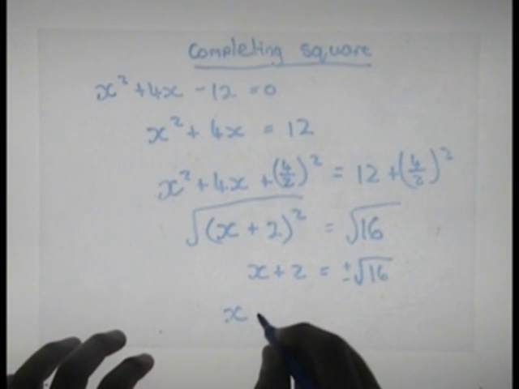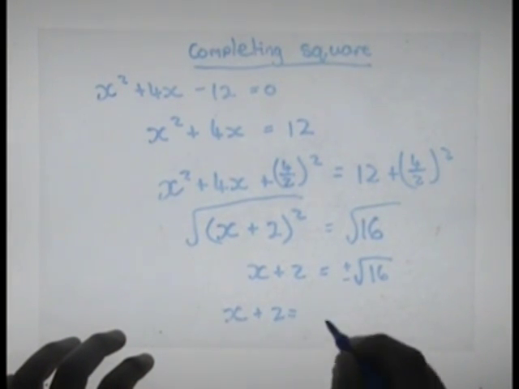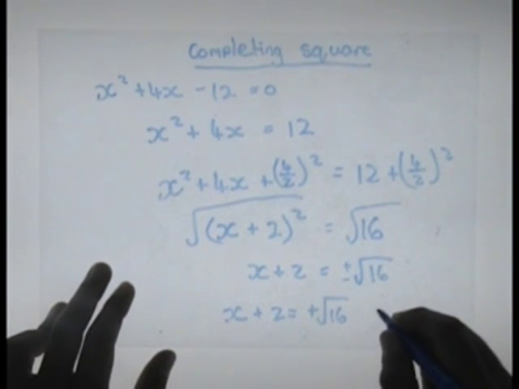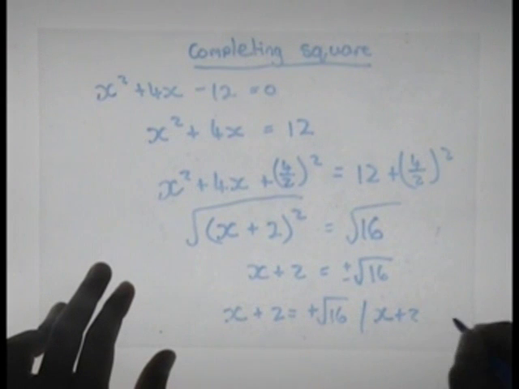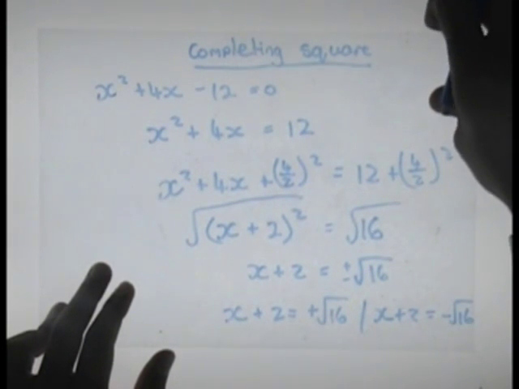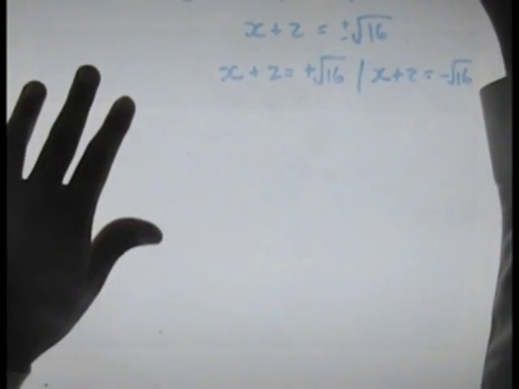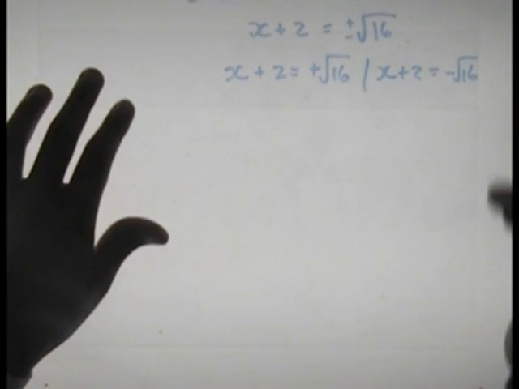My first is x plus 2 is equal to positive root 16, and my second possibility is x plus 2 is equal to negative root 16. Now root 16 we know is equal to 4.